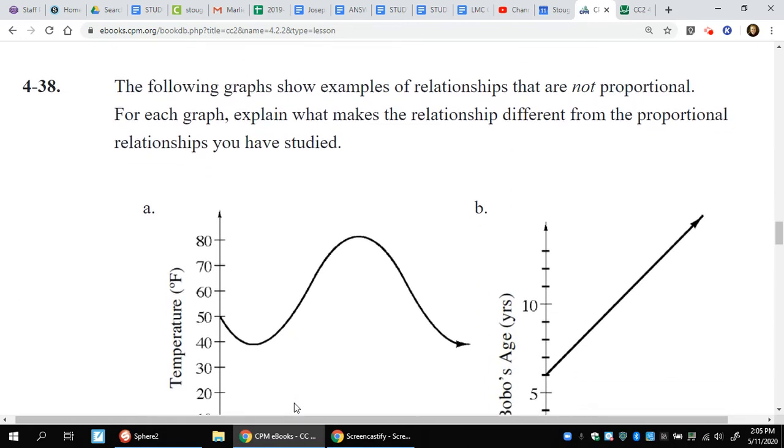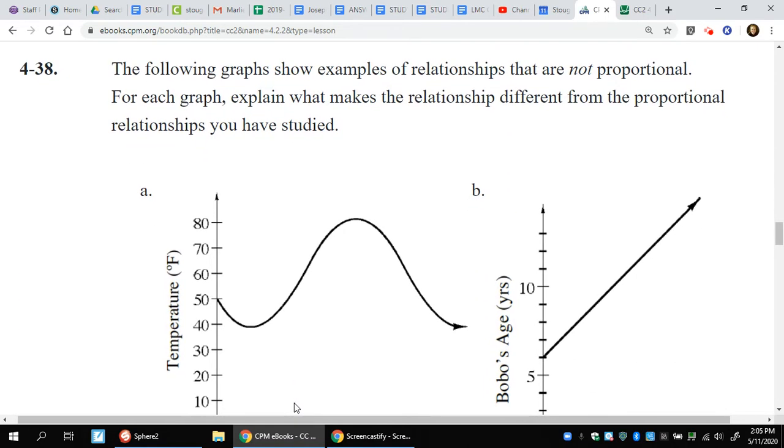And then we have 4 graphs that show examples of relationships that are not proportional. And we are charged with trying to explain what makes the relationship different from the proportional relationships that we have been studying.